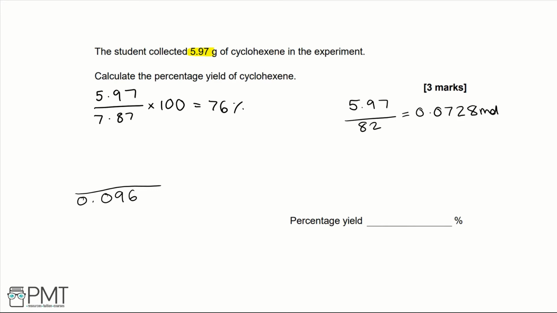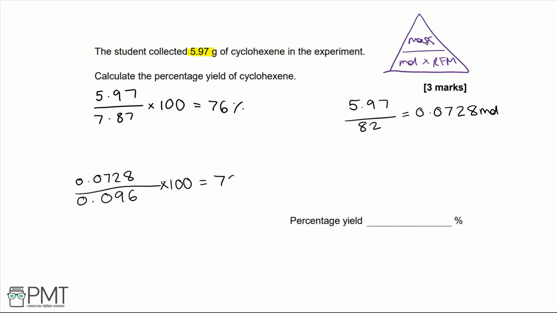So that's again using the equation triangle that we have on the previous slide, which is mass is equal to moles times relative formula mass. So if we then put this as the numerator, 0.0728 and multiply by 100, that's also going to equal 76%, which is our percentage yield for this question.